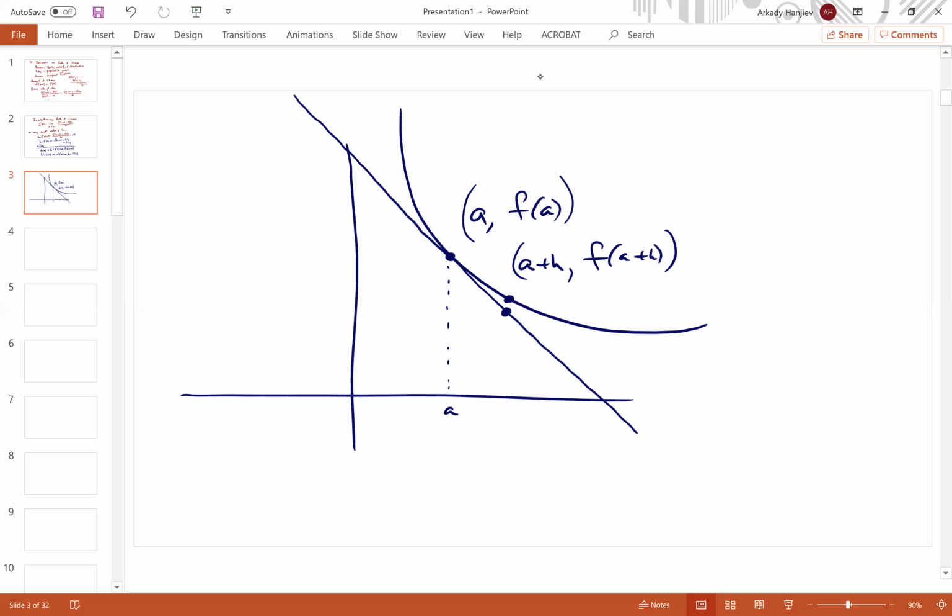Let's see, I guess we could write it like this. This would be kind of fun to do, plus F of A. If you think about it, this is mx plus b all over again right here. Right, it's your slope. It's your x value coming across. It's actually, the h is on the other side. So h is the x. There's your slope. And it's this little line right here.